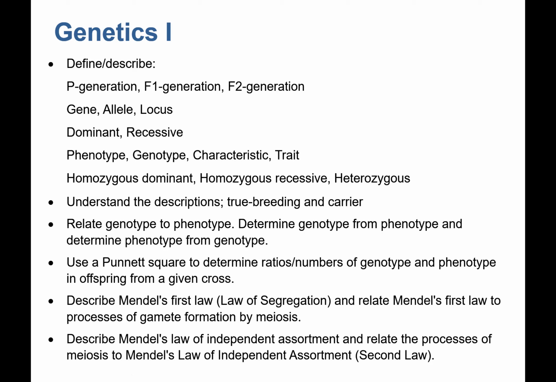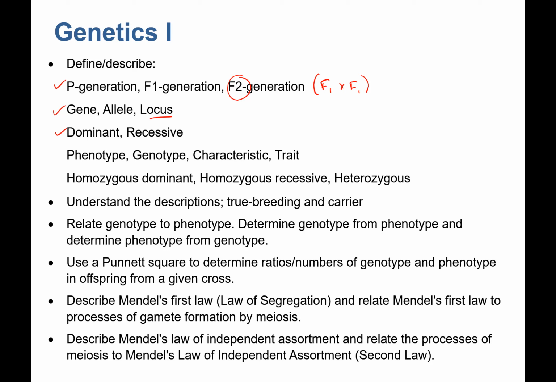All right, so we've talked about labeling generations and especially what that F2 generation means. It means an F1 crossed with an F1. We've talked about the difference between a gene and allele, and we've talked about the locus being the location.